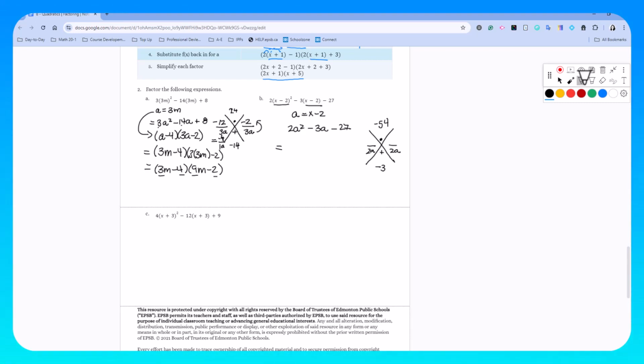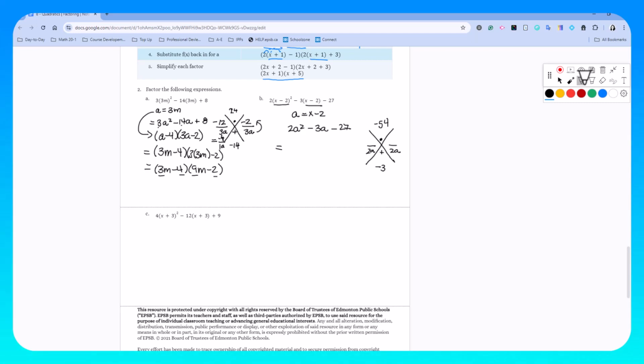We need two numbers that multiply to negative 54 but add to negative 3. So these two numbers need to be close to each other. Not like that negative 12 and negative 6 that were so far apart. These have to be close to get a negative 3. And in particular, we need one number bigger than the other, and one needs to be positive and one needs to be negative, because this is a negative 54.